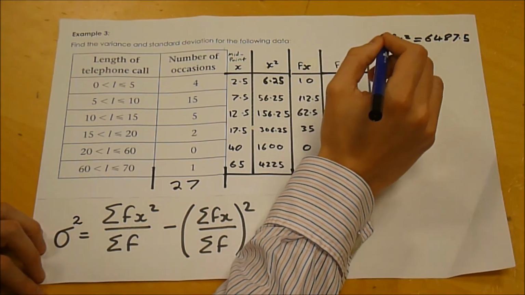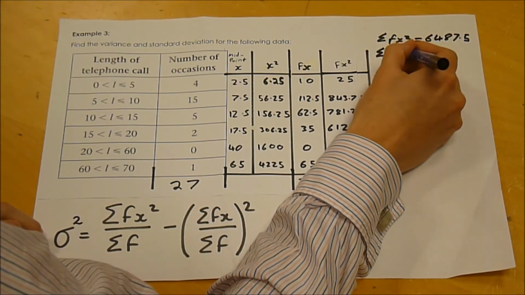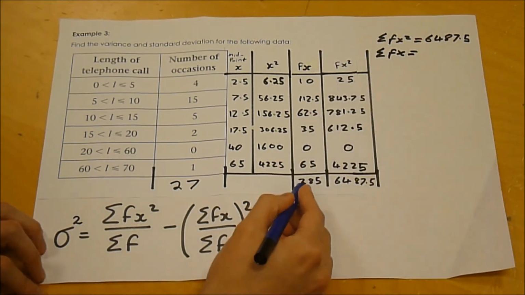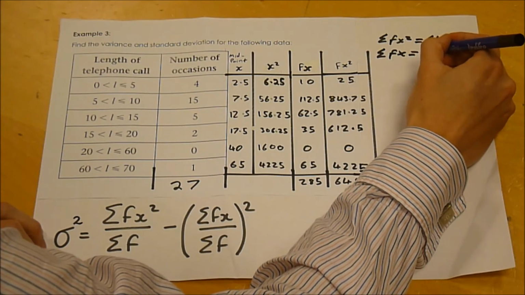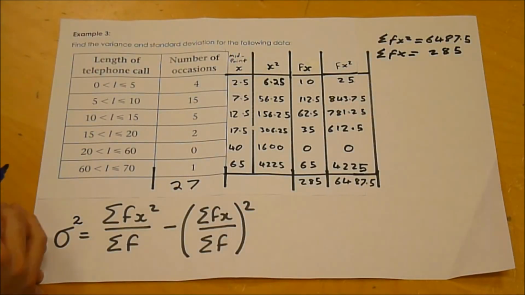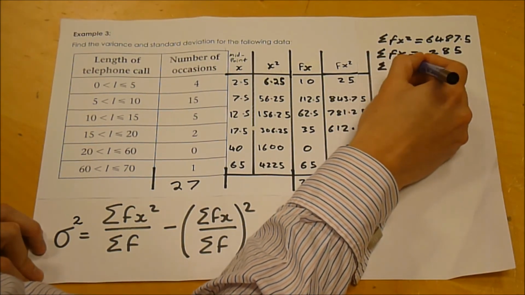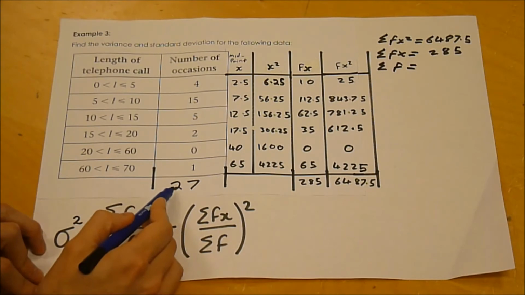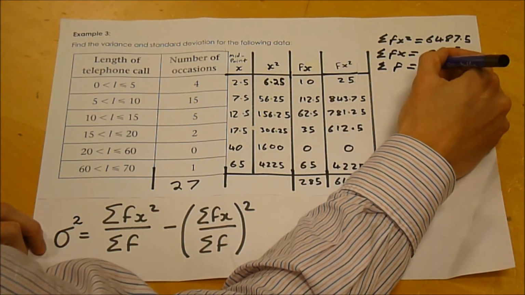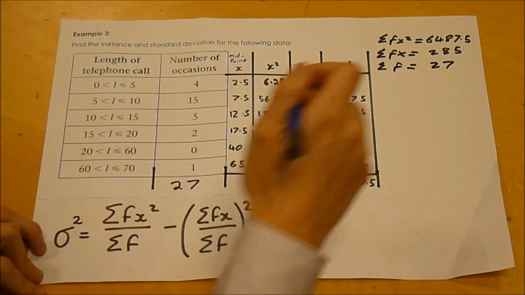We're going to need the sum of fx, that's totaled up here as 285, and then I'm going to need the sum of the frequencies. So sum of f is 27, and I can start working out my variance.